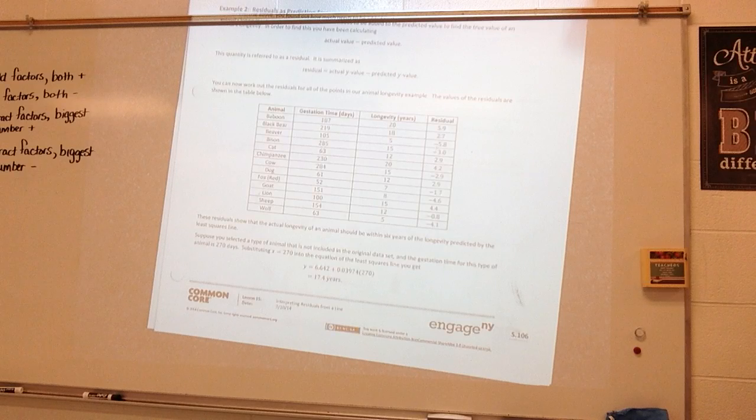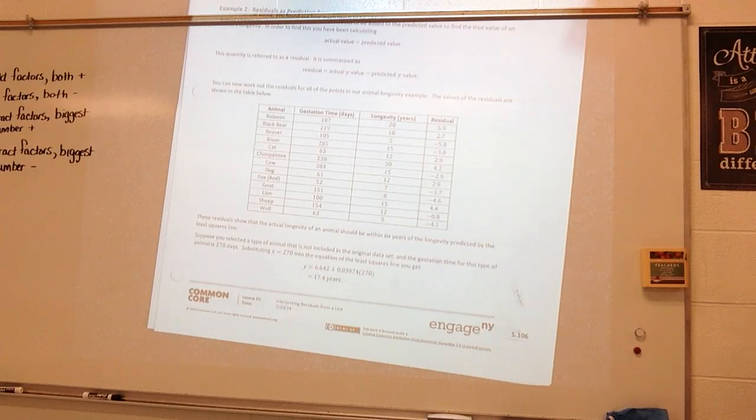These residuals show that the actual longevity of an animal should be within 6 years of the longevity predicted by the least squares line. Suppose you selected a type of animal that is not included in the original data set, and the gestation time for this type of animal is 270 days.